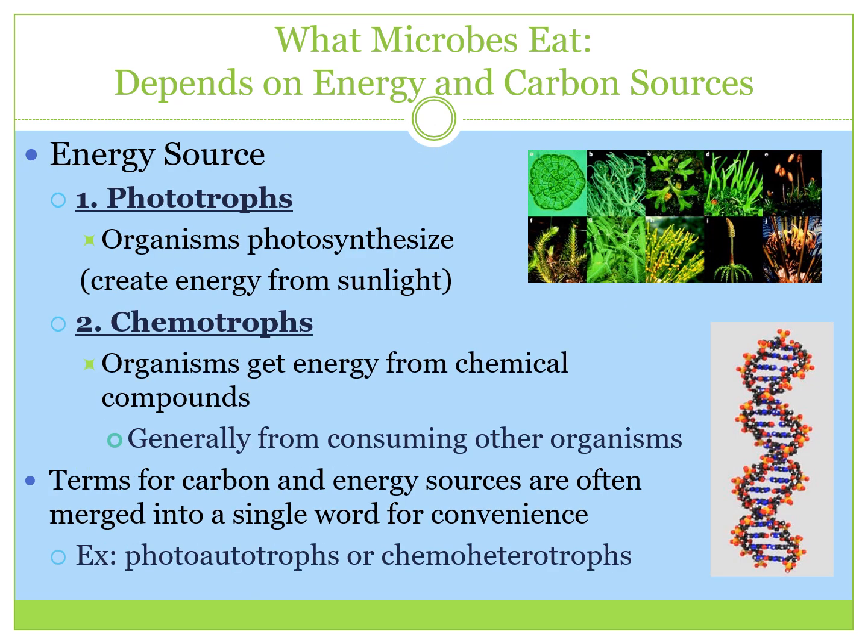Let's talk about energy sources. So we talked about how you can obtain carbon and what those terms are called. Let's talk about energy. Energy also comes in two flavors as far as how it is taken into the cell or into the organism. You have phototrophs, which are going to be organisms that photosynthesize.